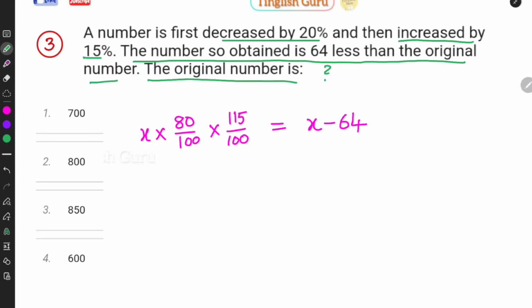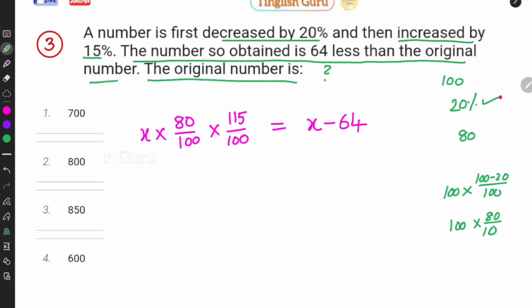Now let us say a number 100 is decreased by 20%. That means the remaining number will be 80. We can write it like this: 100 into, we have to decrease 20%, therefore 100 minus 20 by 100, which equals 100 into 80 by 100.